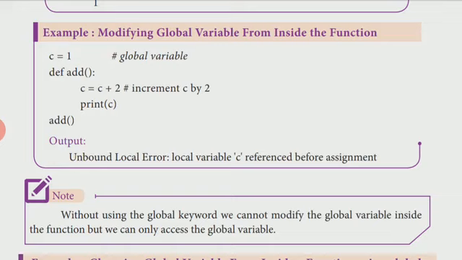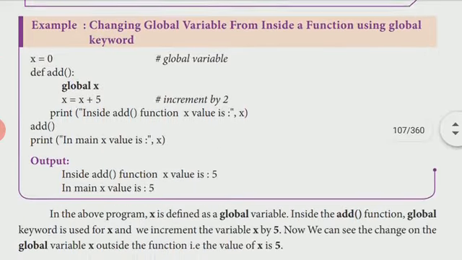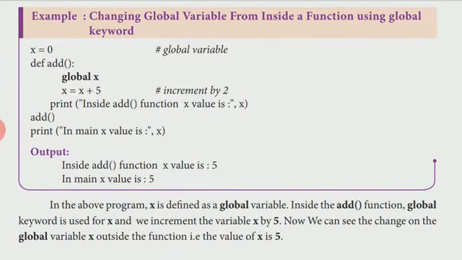See here the output displayed is UnboundLocalError: local variable C referenced before assignment. Here they did not use the global variable, so we can't make any changes to it. If you want to get the output, then you should use the global keyword for the C variable, which is what they gave in the next example.